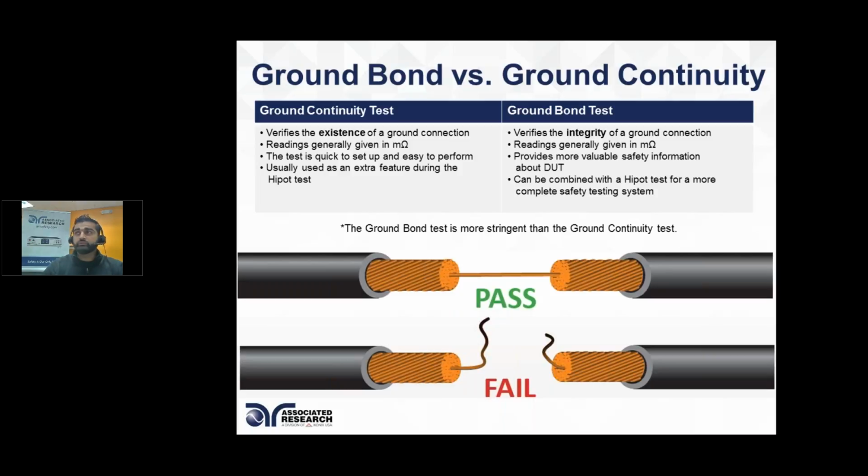I like to use this example where we had a customer that did all their type testing, which is prototype testing, engineering level testing, and they used our equipment and they were passing all their tests. Then 6 months later, we get a call saying, I can't get my product to pass the ground bond test anymore. He kept telling me there were no changes made to his product. Then we finally narrowed it down to the line cord. They had gone out and bought the cheapest available line cord that cannot handle the 30 amps of ground bond current and will show more resistance.